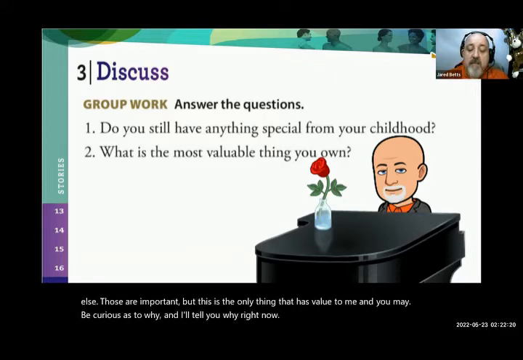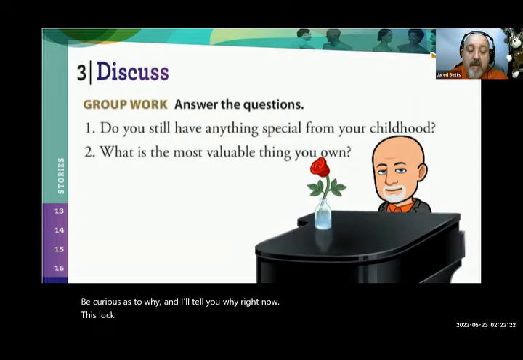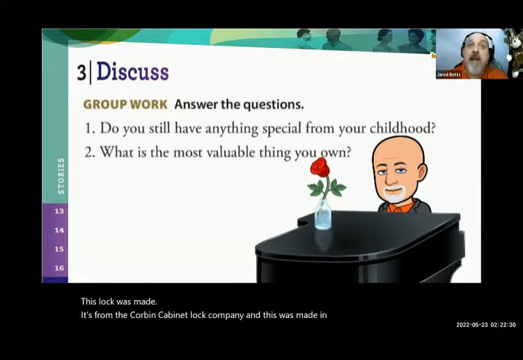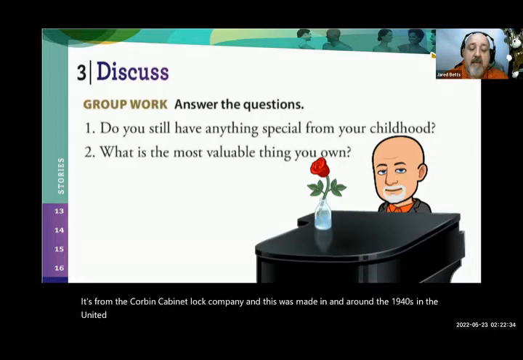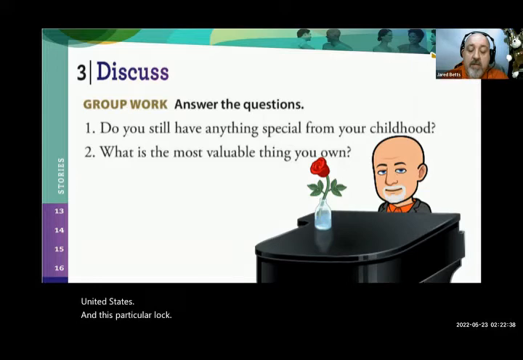This lock was made, it's from the Corbin Cabinet Lock Company, and this was made in and around the 1940s in the United States. And this particular lock was issued to a soldier during World War II while he was going through training in the US Army.